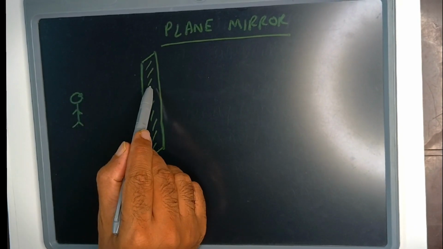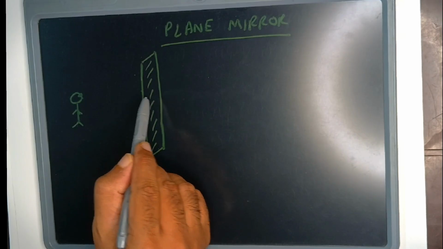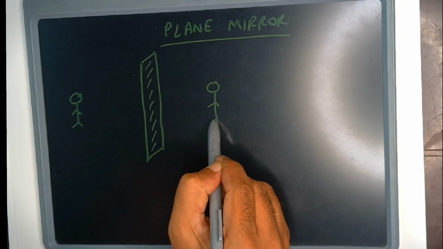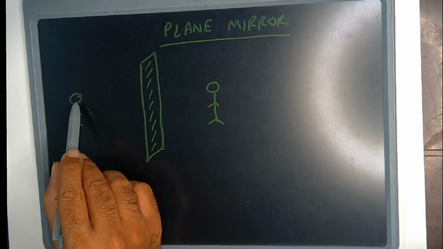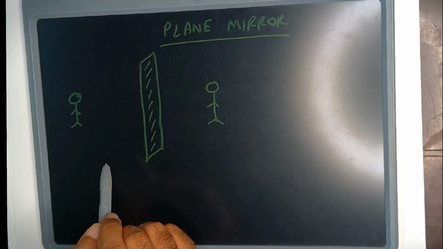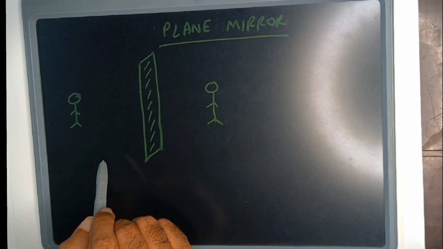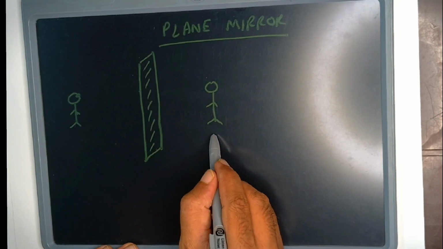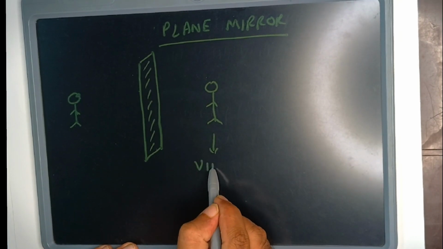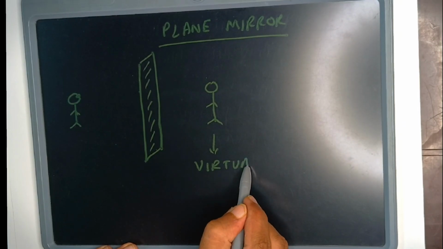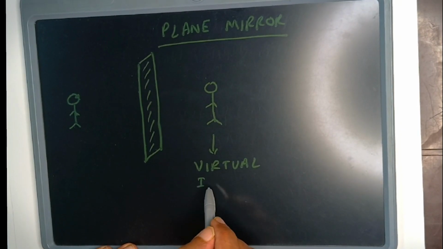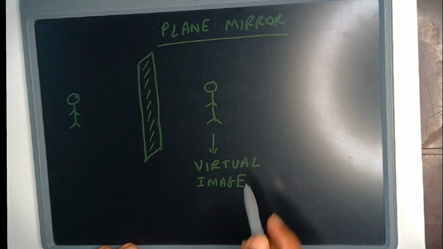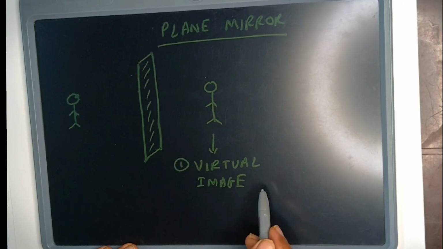But this image is not formed right onto the mirror. It is actually formed at a depth inside the mirror. You'll see yourself as if you are behind the mirror. And because your image is behind the mirror, this is a virtual image.